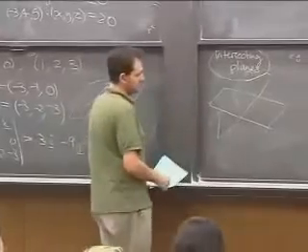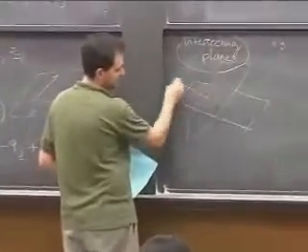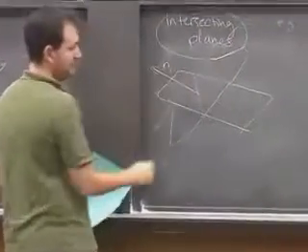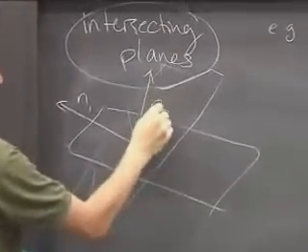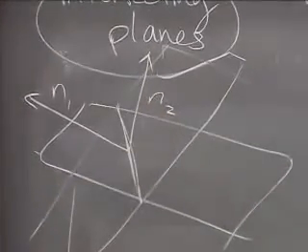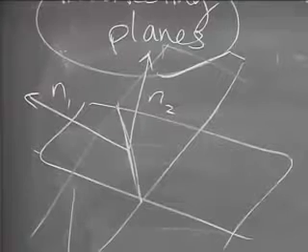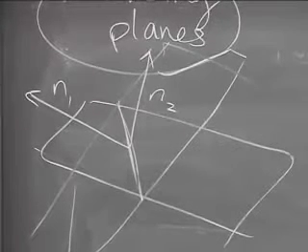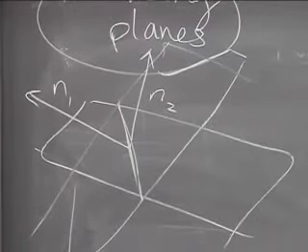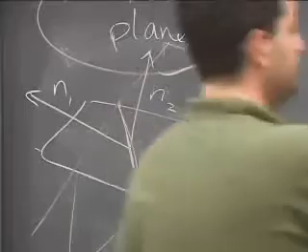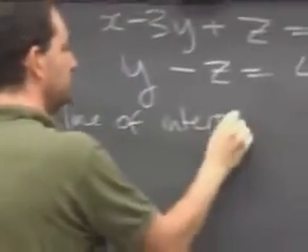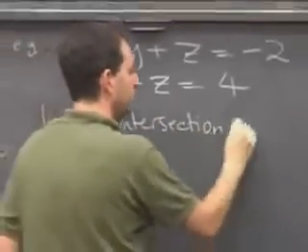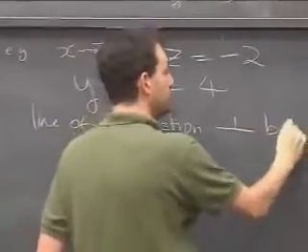Well, here's one plane. There's a normal, n1. Here's the other plane. There's the normal, n2. The line we're looking for lies in both planes, so it's perpendicular to both normals. So the line of intersection is perpendicular to both the normals.